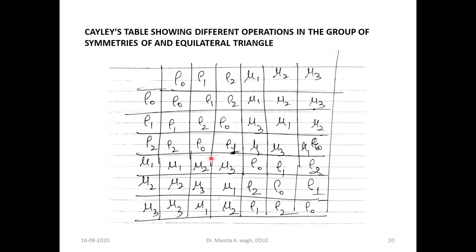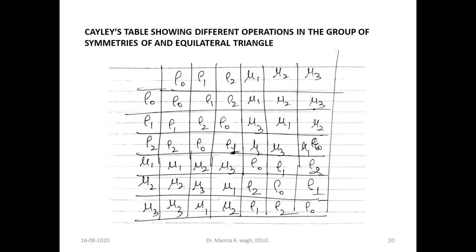So rho 1 and rho 2 are inverses of each other. You can see here also rho 2 combined with rho 1 gives you rho 0. Then mu1 is the inverse of itself, mu2 is the inverse of itself, and mu3 is the inverse of itself. So every element has its inverse from that set only. And commutativity is not following here, so it is a non-abelian group, and associativity holds here.